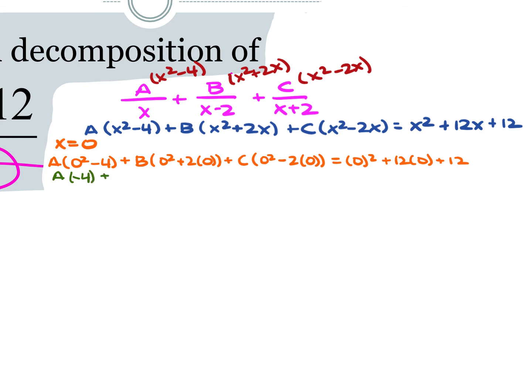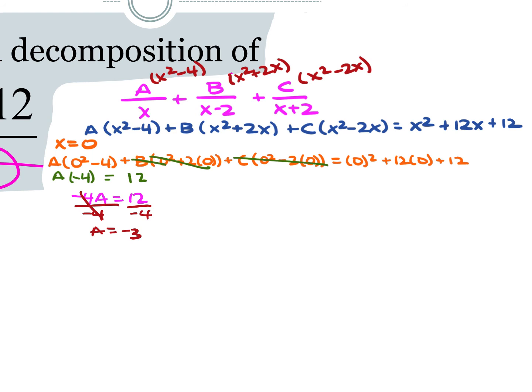The 0 squared plus 2 times 0 cancels the b out. It also will cancel the c out. So we're going to have that a times negative 4 is equal to 0 squared, which is 0, plus 12 times 0, which is 0, plus 12. So negative 4a is equal to 12. Divide each side by the negative 4, and you have that a is negative 3.